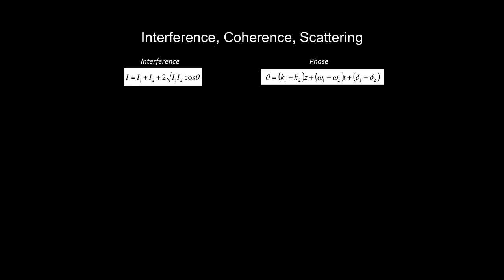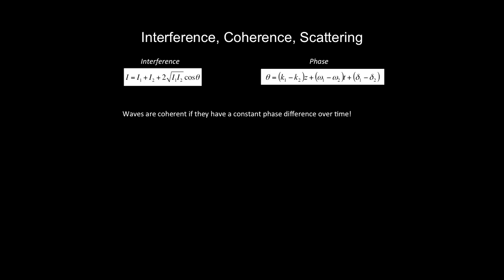This is called the interference factor, and this is the phase, and it's related to the wave numbers of the two individual waves, which relate to the wavelength, then the frequency of the two waves, and the phase shift between the two waves that interfere.